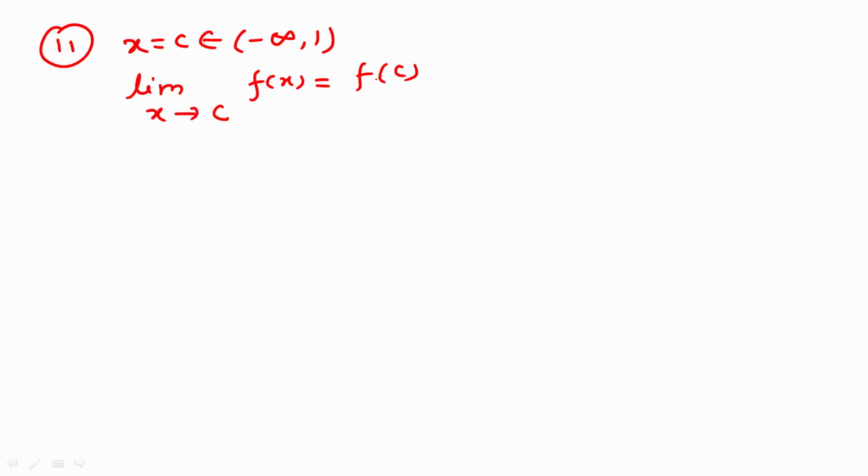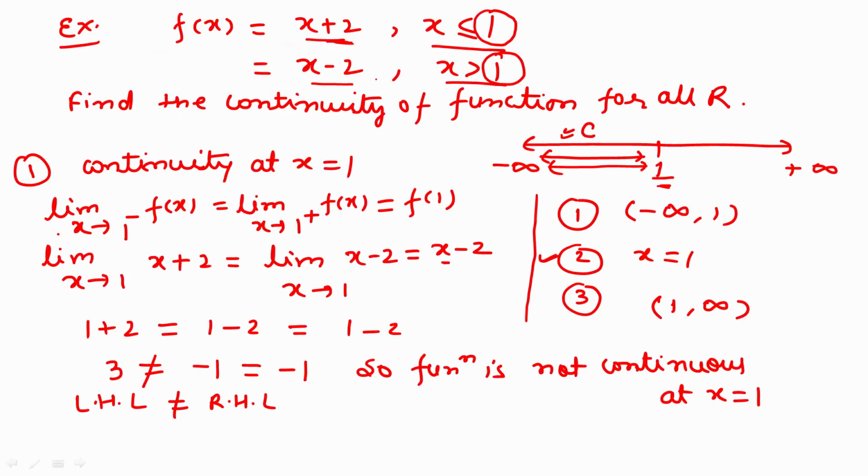So limit x tends to c f(x), the function will be, here all the numbers are less than 1, so x is less than 1, so we will take the function x plus 2.